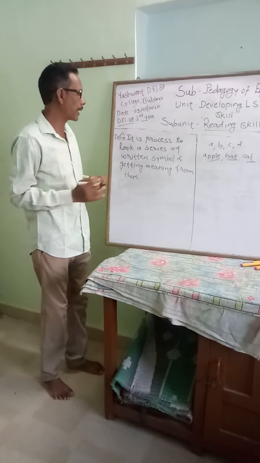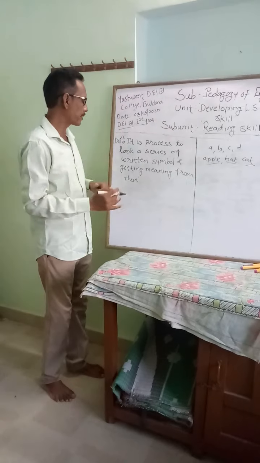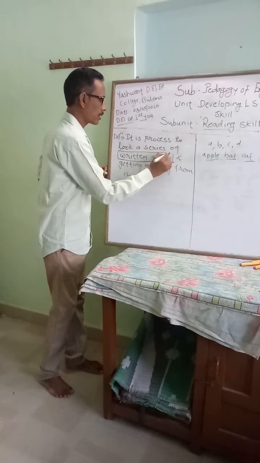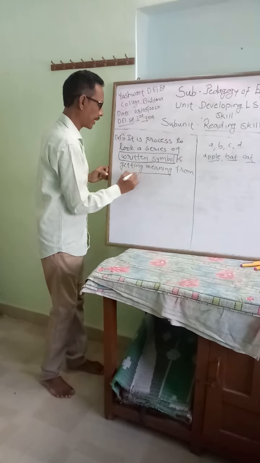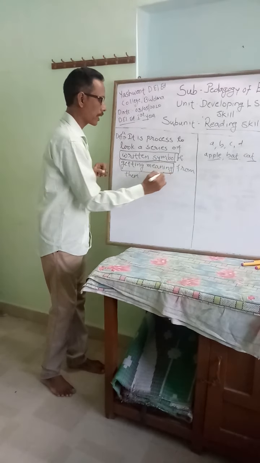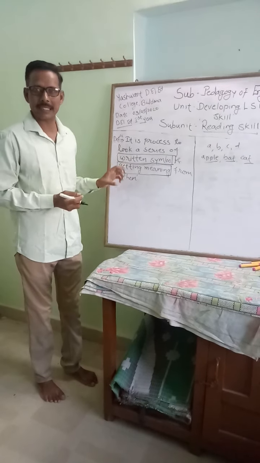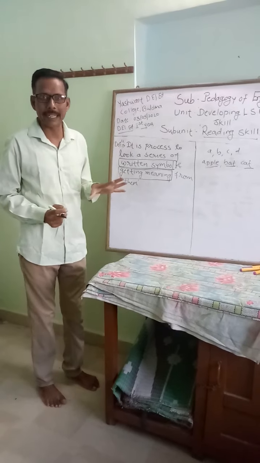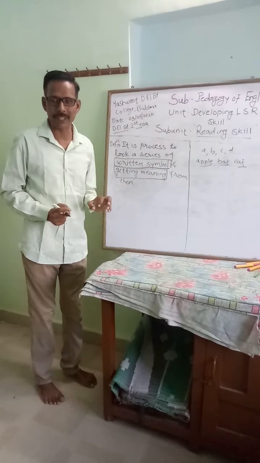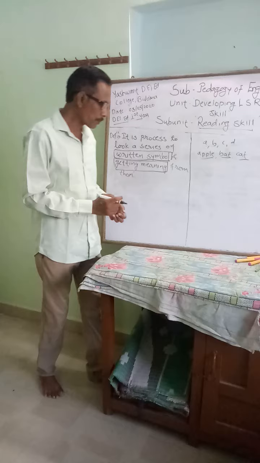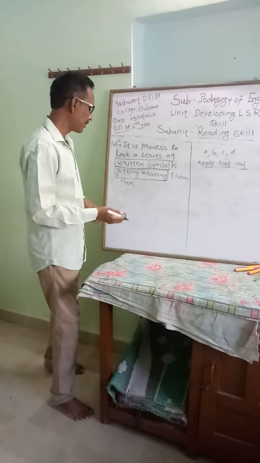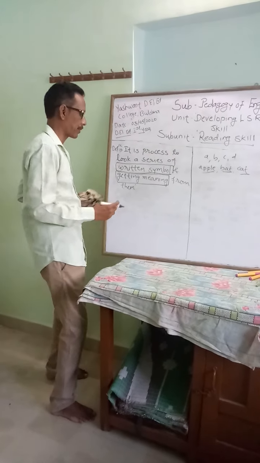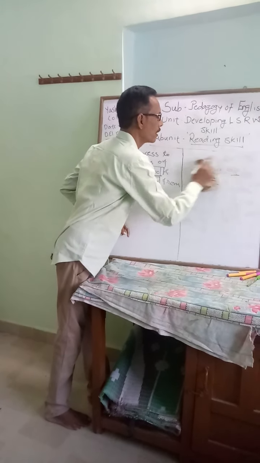We have to keep this definition in mind. Keep in mind these important words: written symbols and getting meaning. If you keep these two things in your mind, you can make the definition of reading skill. I think you got the meaning of this definition. Now the next part of this reading skill is that reading has two types.